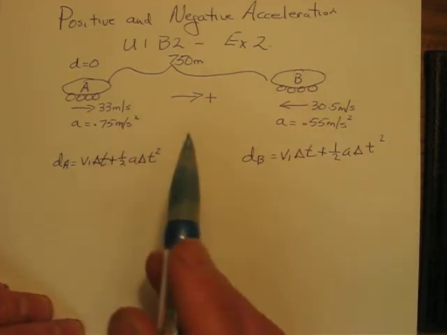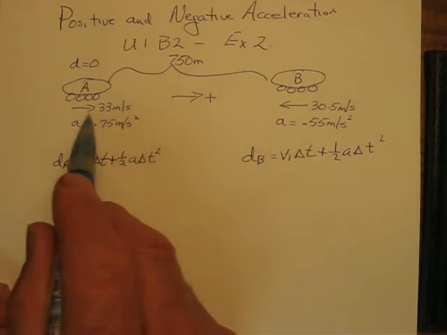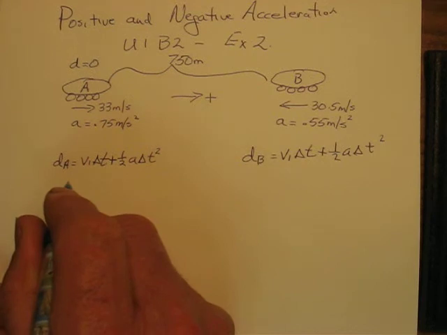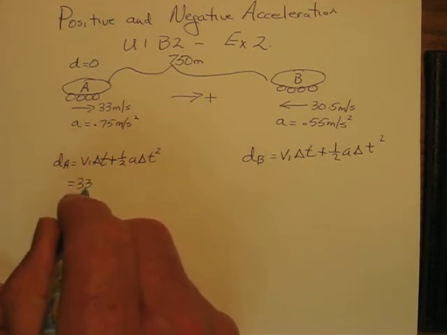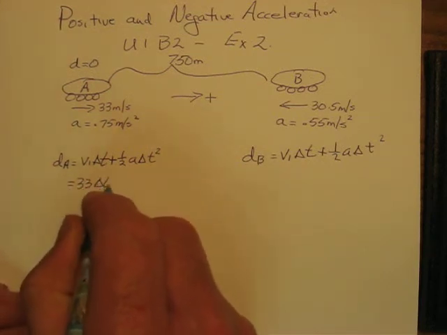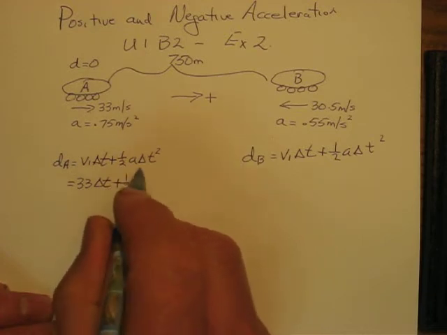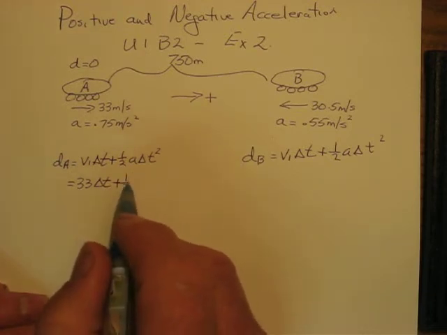Now let's take a look at train A. Train A is going to the right, and we said to the right is positive, so we will leave the 33 meters per second as a positive. We don't know delta t, we'll be solving for it. The next challenge is the acceleration. Which way is the acceleration?